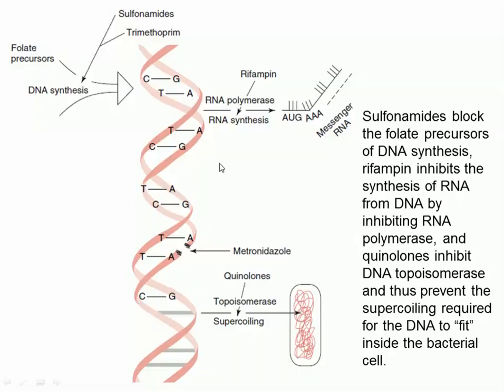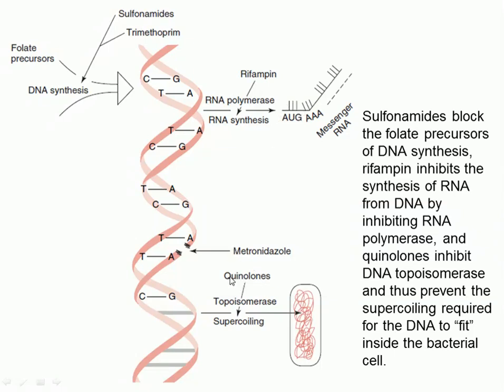So you can see examples here. Sulfonamide inhibits folic acid synthesis, and so inhibits DNA replication. While antibiotics like rifampin inhibit the RNA polymerase enzyme, thereby inhibiting transcription and mRNA synthesis.